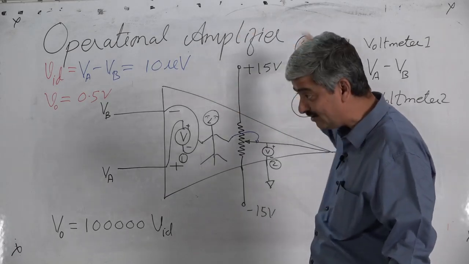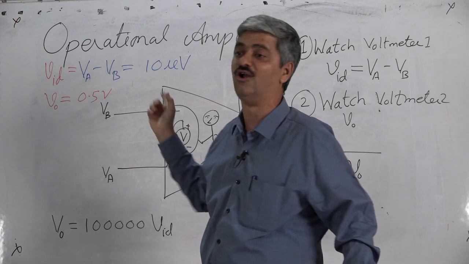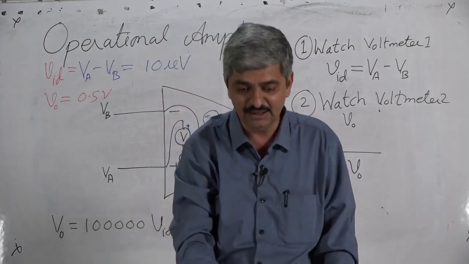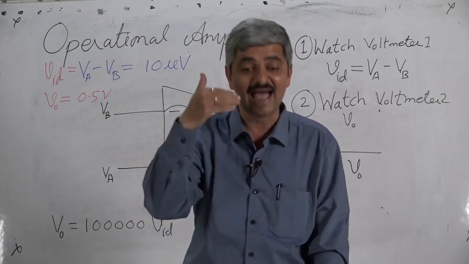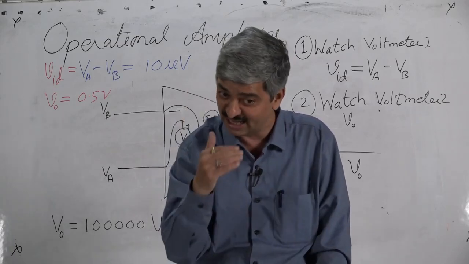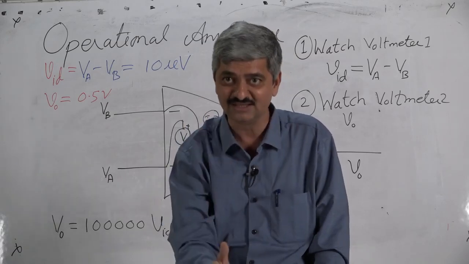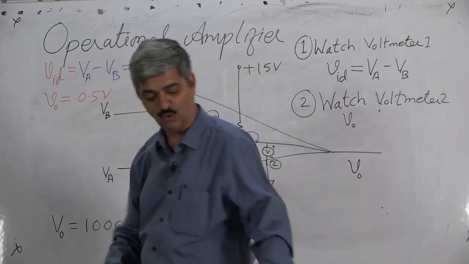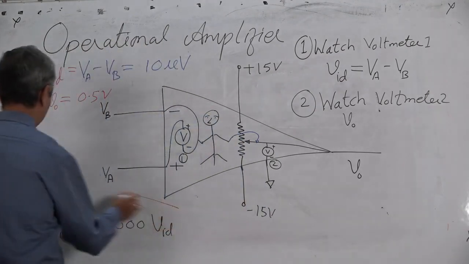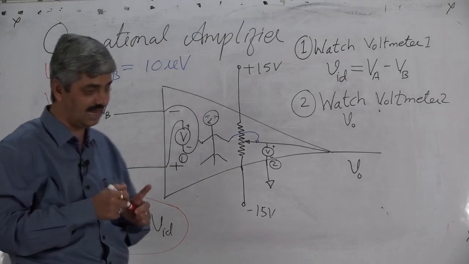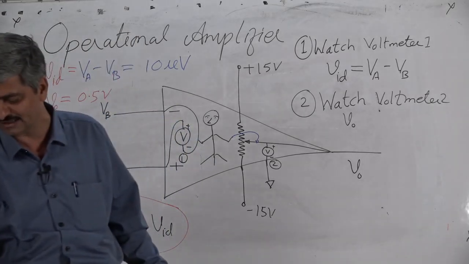So your way of working, which is called an algorithm in scientific terms, is: observe VID, observe VO, try your level best to ensure that VO is equal to 1 lakh into VID. I have not said that you ensure, because you can't ensure.